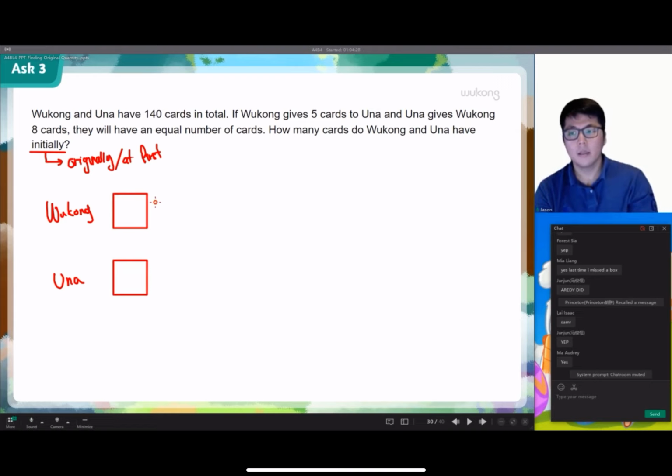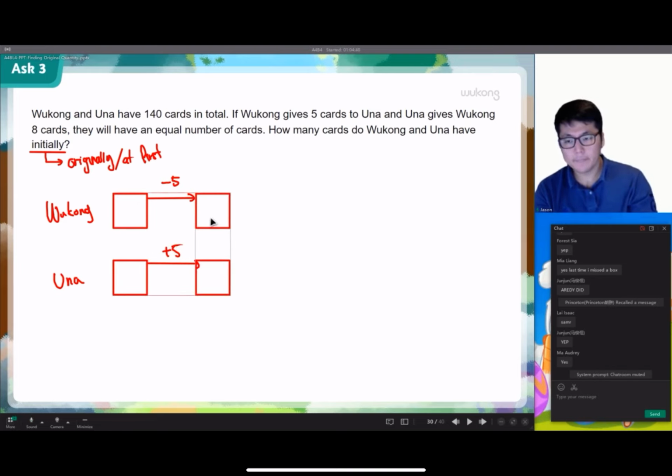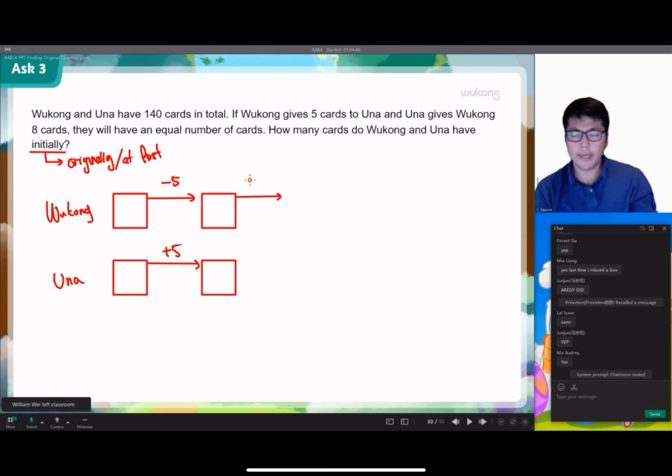So now Wukong gives 5 cards to Una, so giving 5 cards, and that means Una will get 5 cards. Right, everybody? And then, what happens next? Una gives Wukong 8 cards.